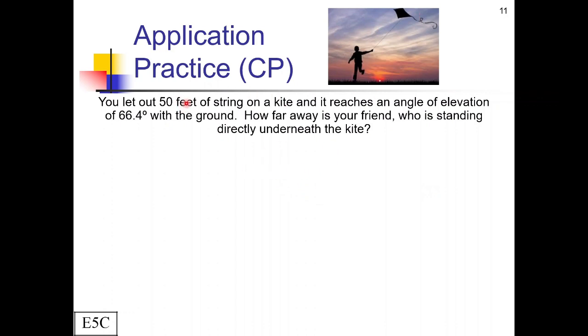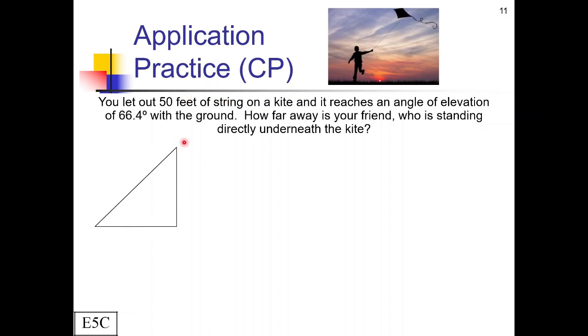Let's say you let out 50 feet of string on a kite, and it reaches an angle of elevation of 66.4 degrees with the ground. We want to know how far away is your friend who is standing directly underneath the kite. All right, so pause the video, try this one out. Since we have angle of elevation, we can do a right side up triangle, and then we've got 50 feet of string.